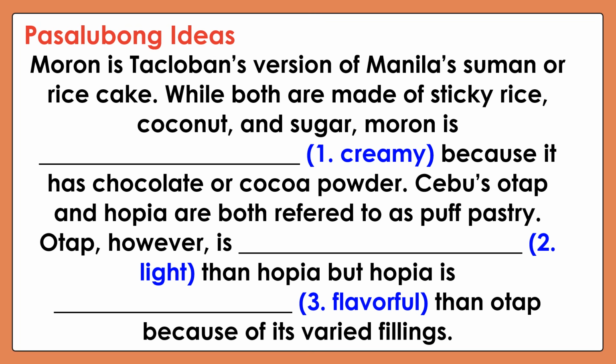Cebu's otap and hopia are both referred to as puff pastry. Otap, however, is blank, light than hopia, but hopia is blank, flavorful than otap because of its varied fillings.